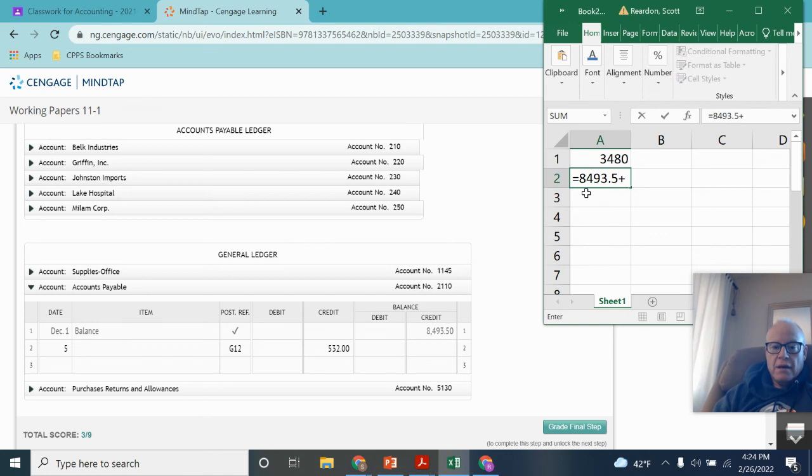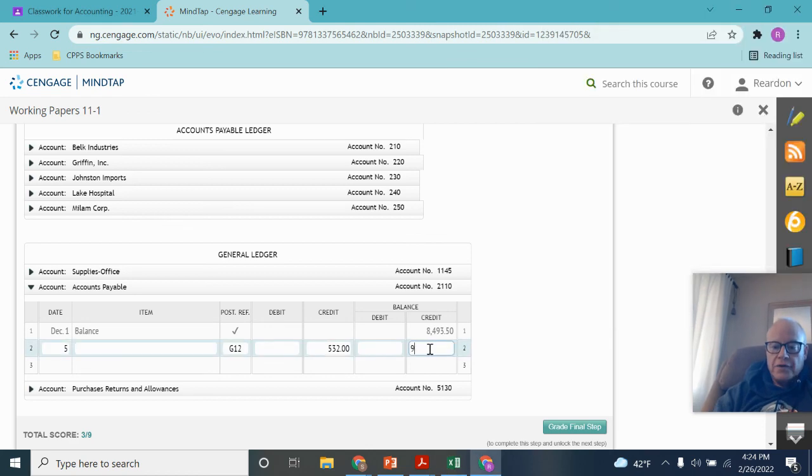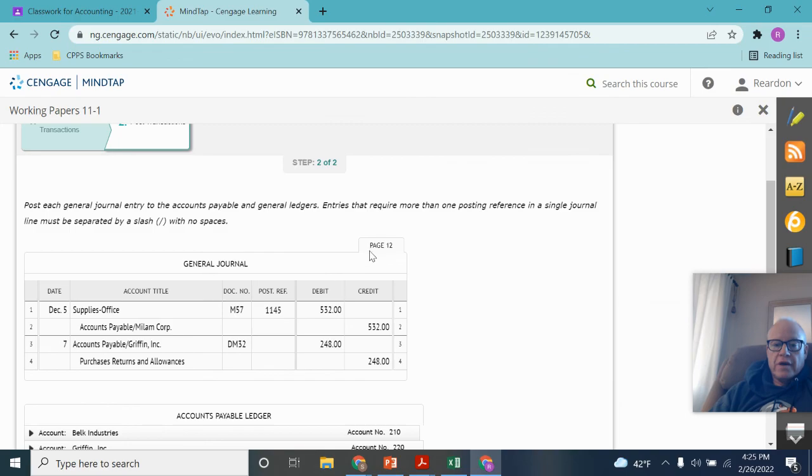I'm adding 532. Give me 9025.5. That's account 2110. Now, this is where it gets a little tricky here. 2110, then a slash. And now I've posted it to the general ledger.